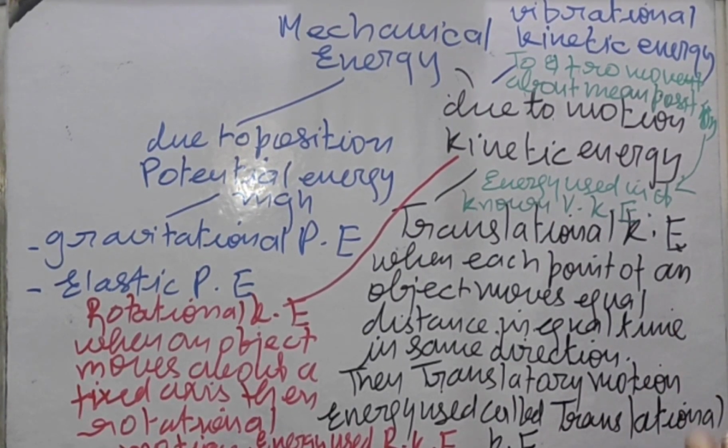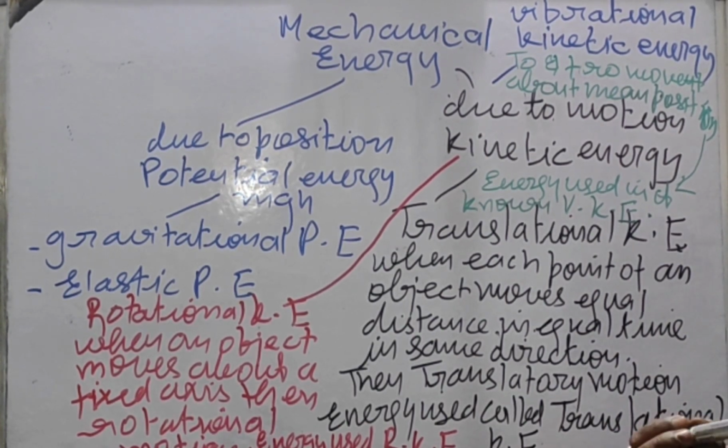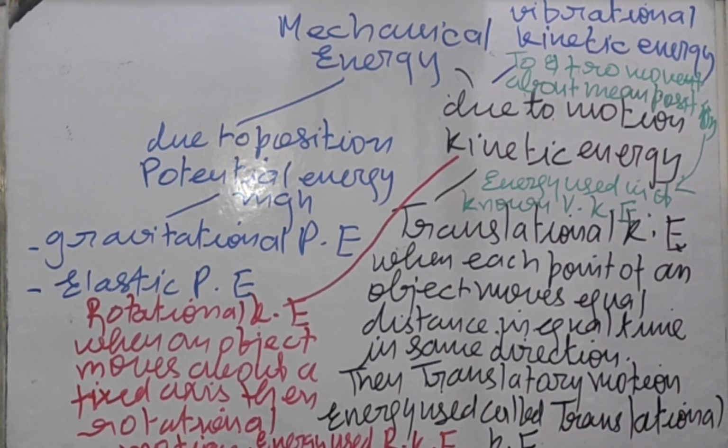Nuclear energy is energy from the nucleus of an atom. Hydro energy is the kinetic energy of running water, right?